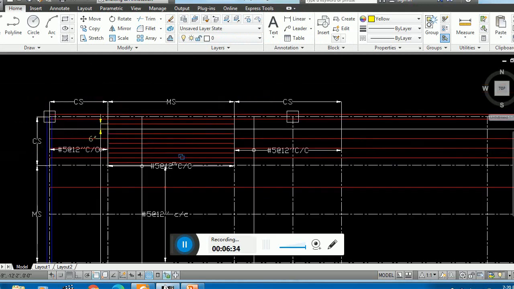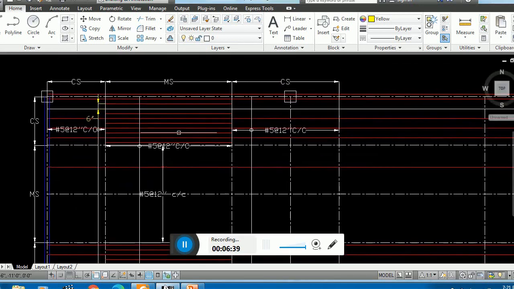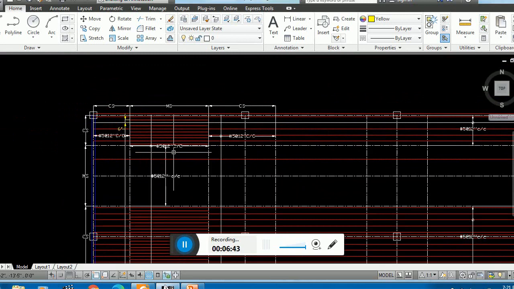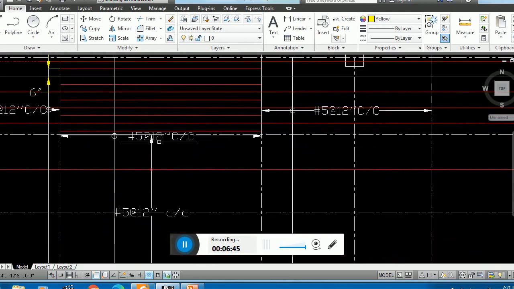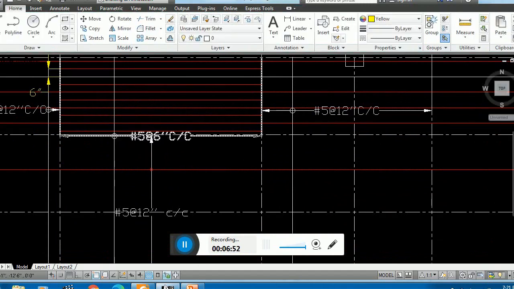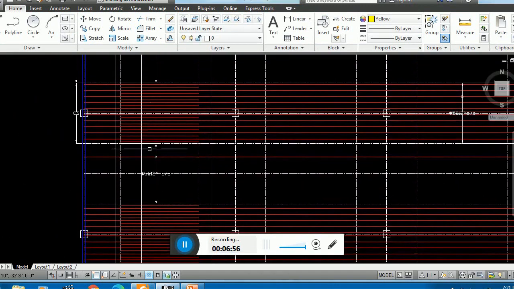This is the bar you see here, although I did not represent these bars, but yes, this was the spacing. Number 5 at the rate of 6 inch center to center.